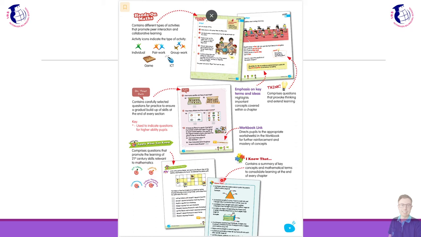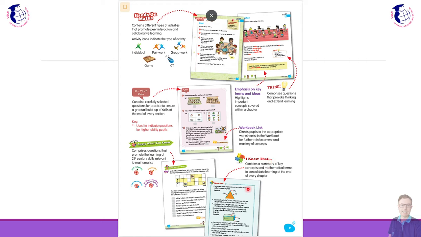And then at the end of each chapter, we have more difficult questions, which are called Apply What You Know. You use all the information you've learned at the beginning of the chapter and in the middle to answer these slightly more difficult questions at the end of the chapter. And then finally, we get I Know That.